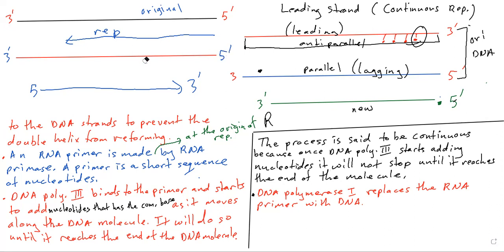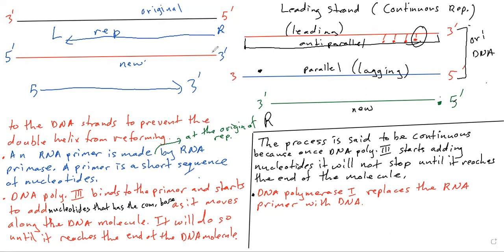It is being made 5 to 3, only that this time it is not going in the direction of replication. It is actually going in the opposite direction. Let me just say this again. New DNA has to be made in a 5' to 3' direction, right? However, in our example, DNA replication was taking place from the right-hand side to the left-hand side.